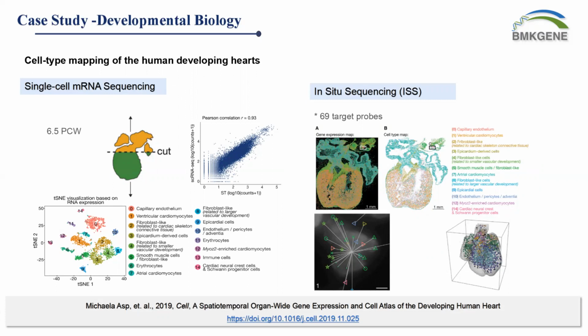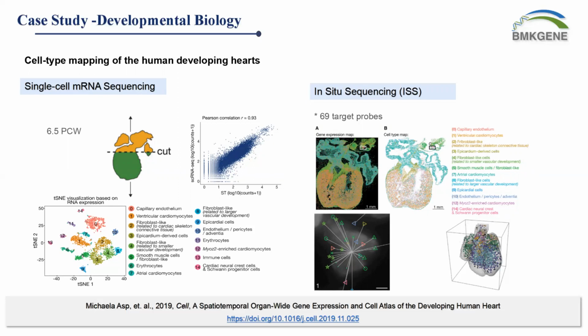And to get a more accurate mapping of these cell types onto the spatial transcriptome data, they used another technology that I mentioned in the first or second slides, which is in situ sequencing, where they need to design several probes to validate if the spot is the right cell type that they are expecting.